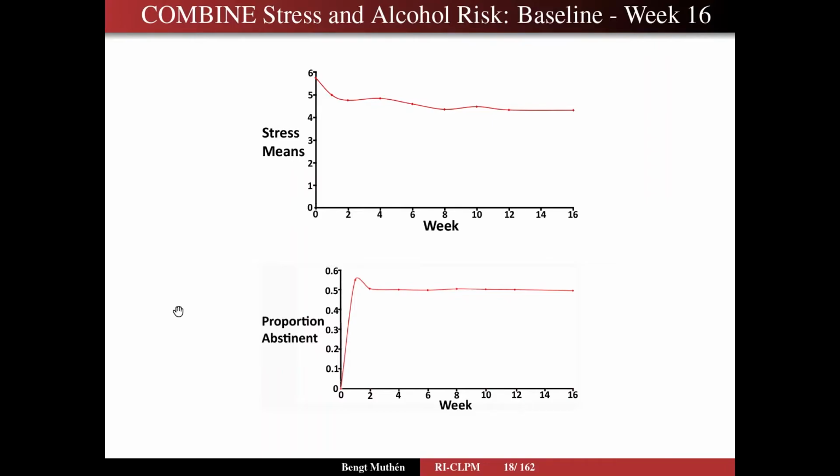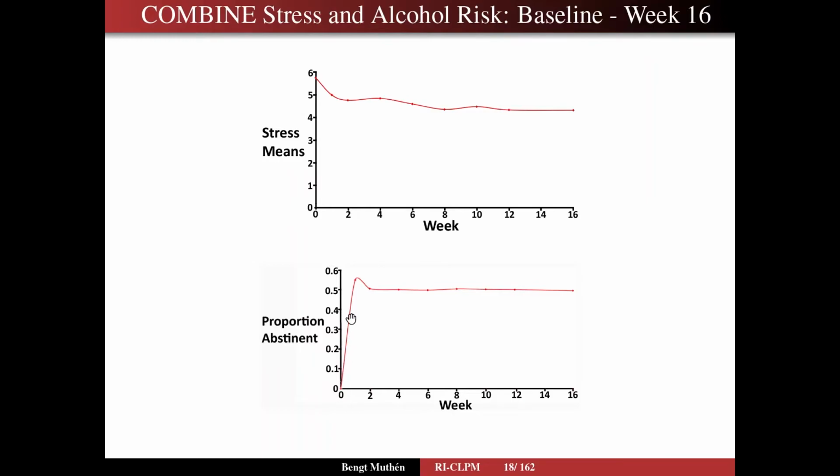And in the bottom part of the slide, you look at the proportion of individuals who are abstinent, and none of them is abstinent at baseline. They're all alcohol users.